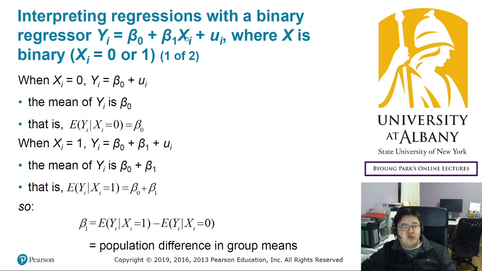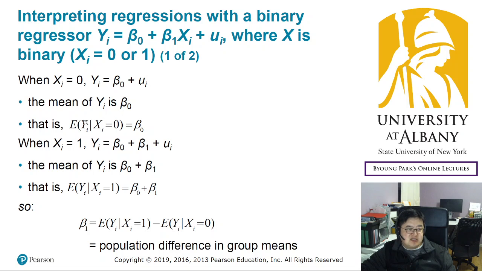Now we have only two values in x, so you can split cases and think case by case. Suppose x equals 0, which means small class size. If you plug in 0 here, this term beta 1 x will disappear, and as a result you only have y equals beta 0 plus the error term.